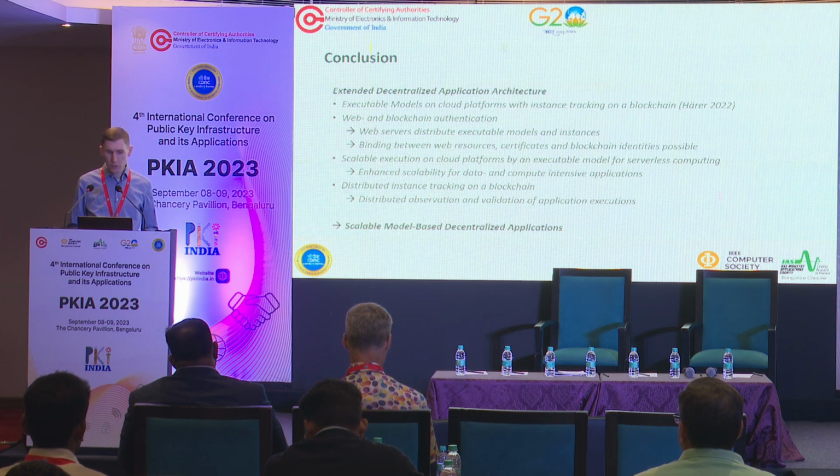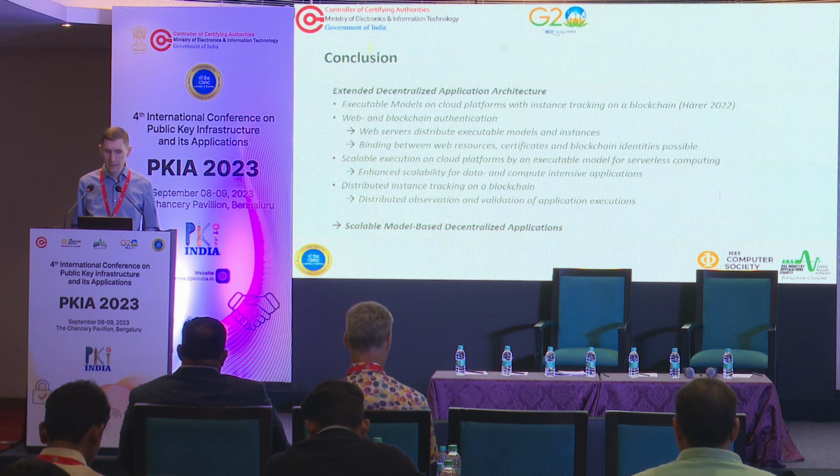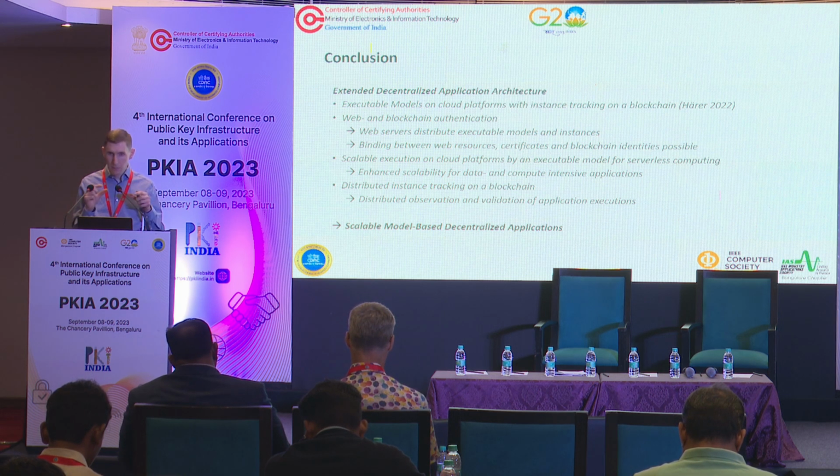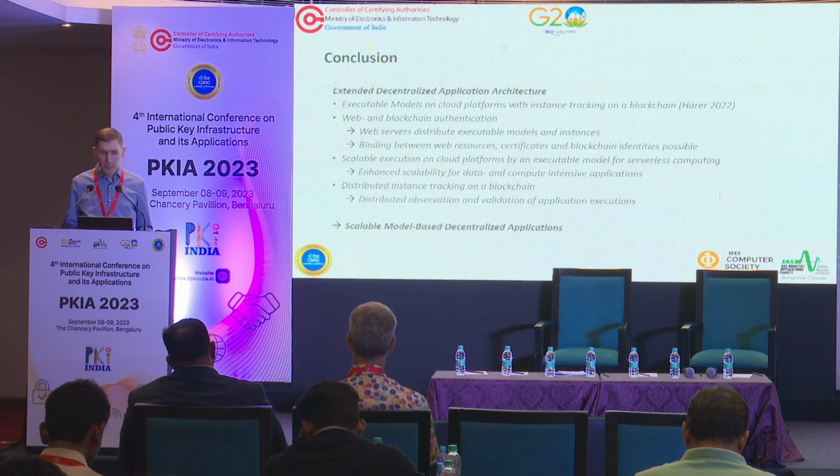And this creates notably a binding between web resources, certificates and blockchain identities, which is very interesting in general that we can create this binding because we can make an identity known on the blockchain, we can bind it to a resource on the web. This means we can use the scalable execution on the cloud platform provided by the model-based specification, and this enhances the scalability for data and compute-intensive applications.